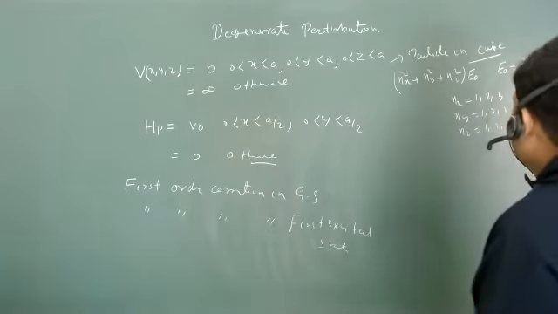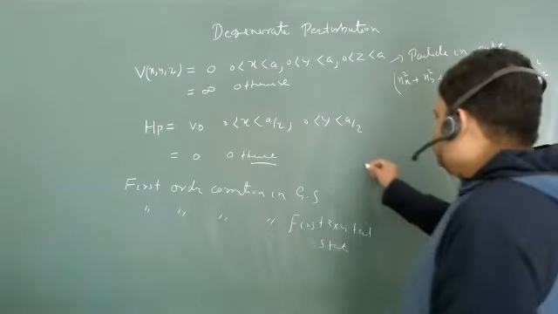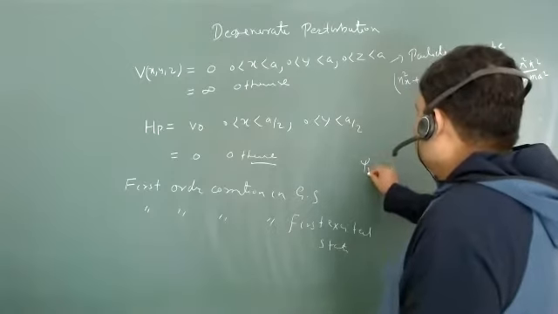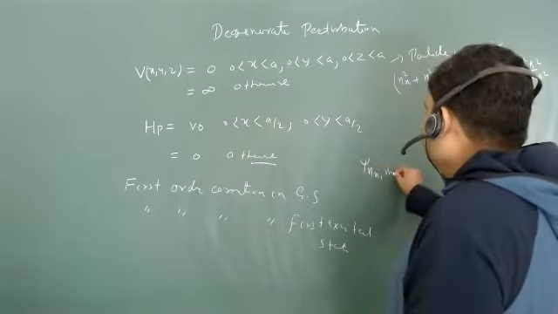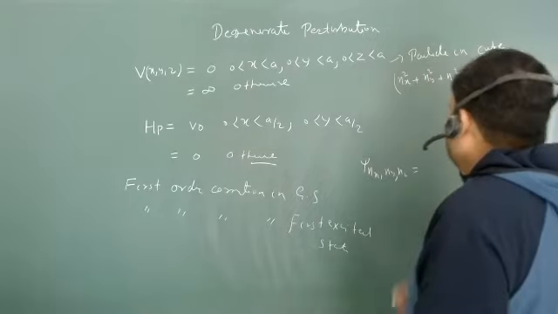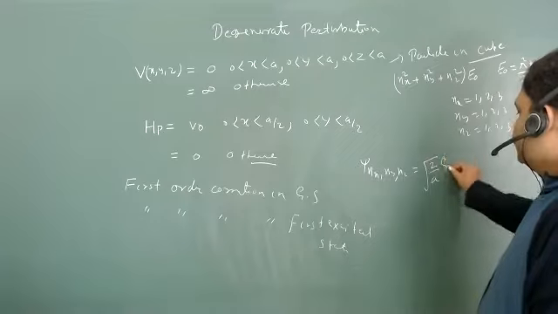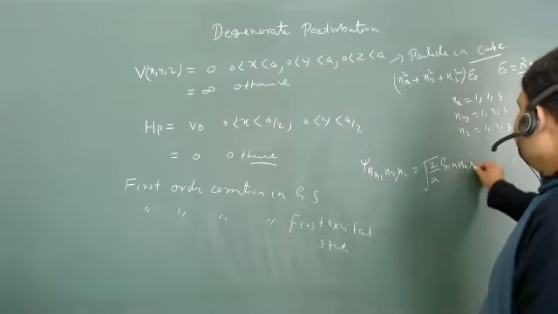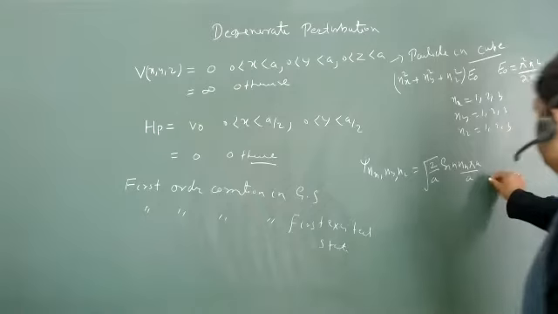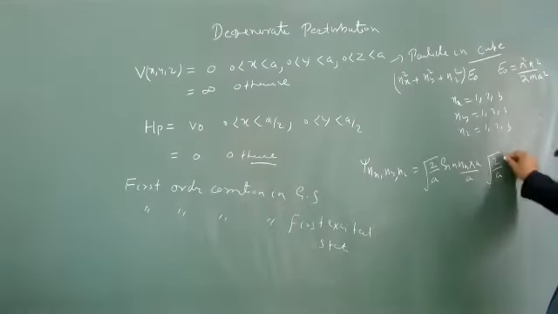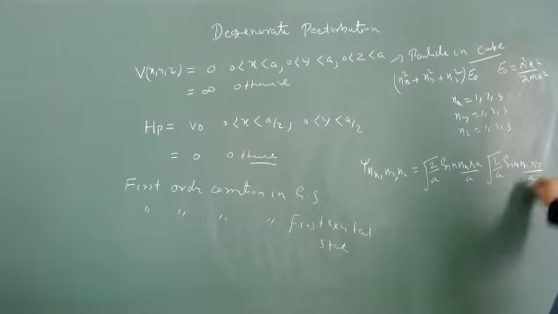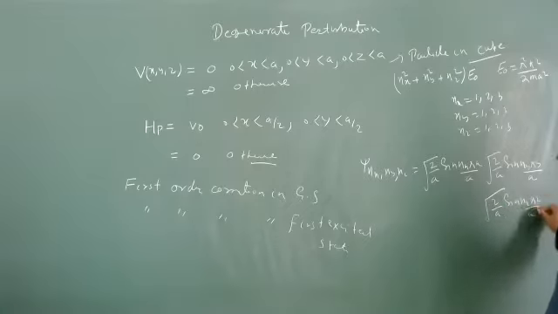And what will be our energy eigenfunction? I can write my energy eigenfunction psi nx, ny, nz as root 2 by a sine of nx pi x upon a, times root 2 by a sine of ny pi y upon a, times root 2 by a sine of nz pi z upon a.